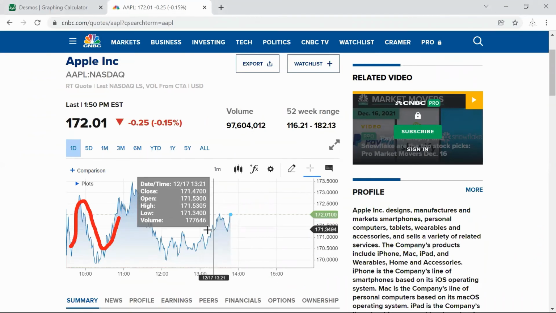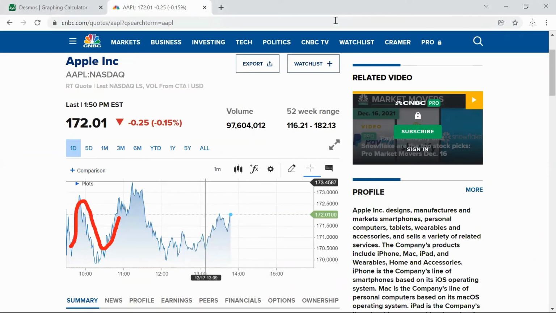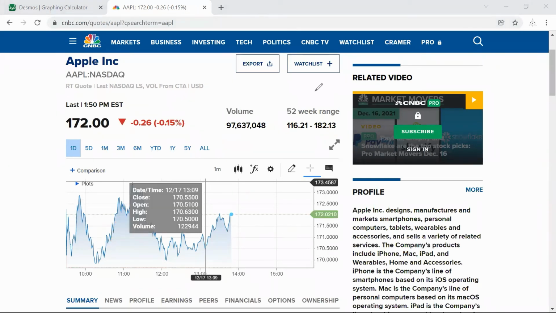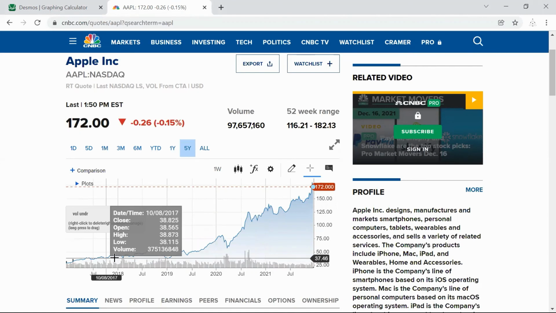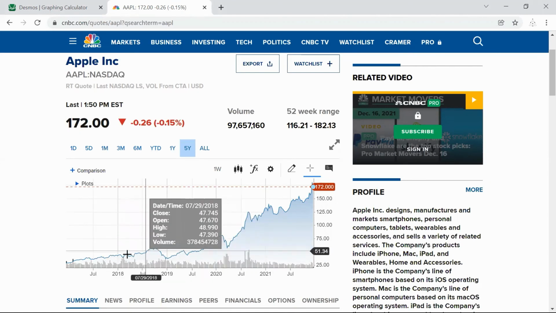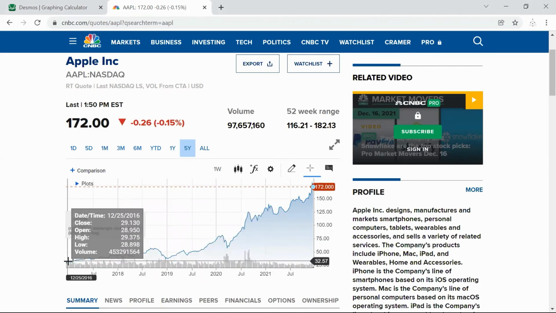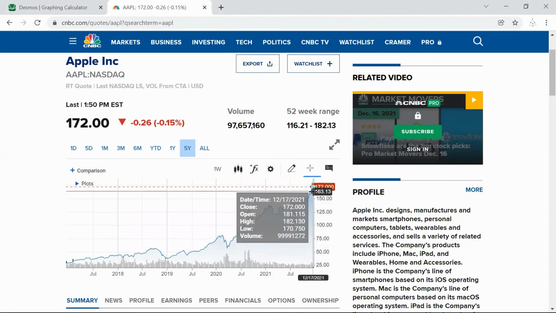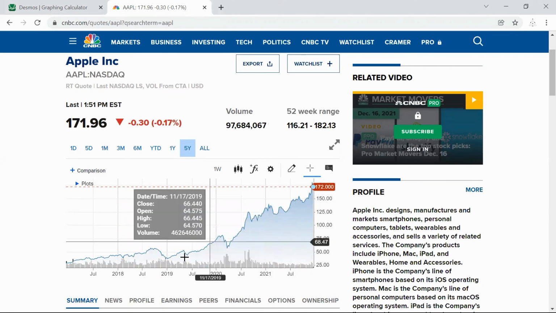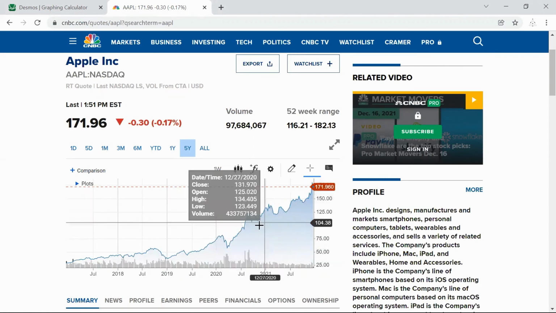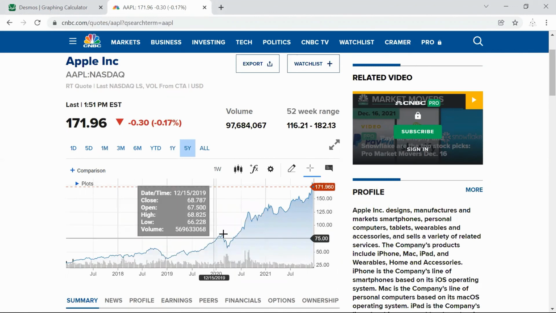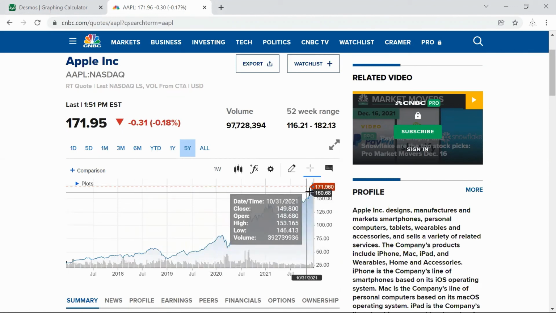A lot of times when you do these types of things, you want to do it over longer periods of time. So if you look at the 5-year analysis of Apple's stock price, from essentially 2016 up through December of 2021, you see this pattern, and there's a lot of growth, it's going up.